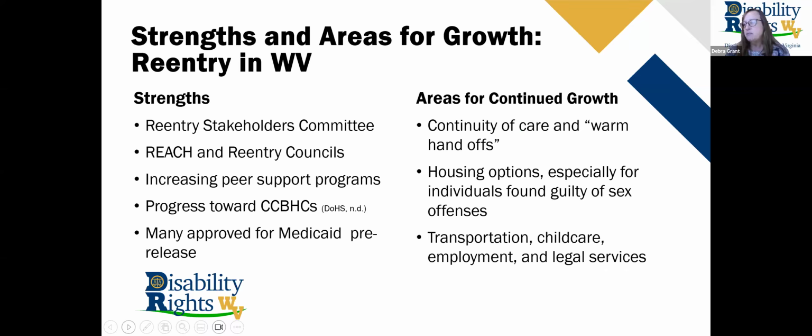So reentry support is often important in helping individuals when they're leaving a carceral setting. In reentry planning, the idea is that jail and prison staff coordinate with the different services and resources in the community to ensure that individuals are referred to the appropriate programs and services and hopefully don't come back to a carceral setting. We want these to be well planned out.